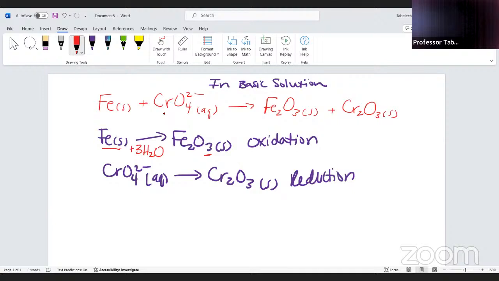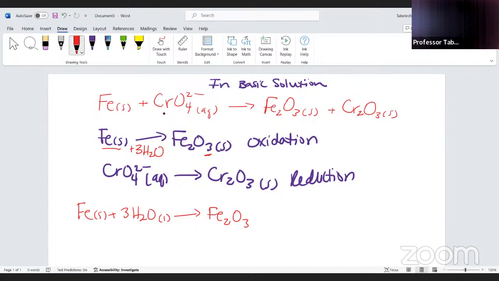Now, the next thing that I'm going to do is I'm going to basically rewrite this equation out so that you guys can see this, okay? So I'm going to rewrite the top one. That's Fe solid plus 3H2O liquid yields Fe2O3, okay? Now, what I also need to point out too is that when you noticed here, you have to assign the oxidation numbers.